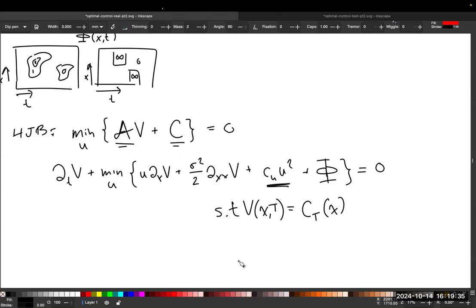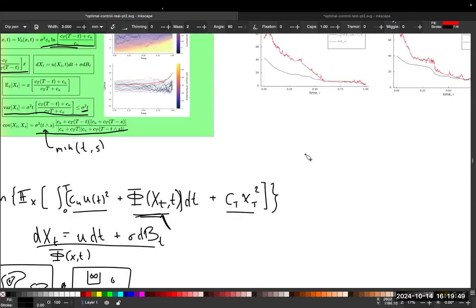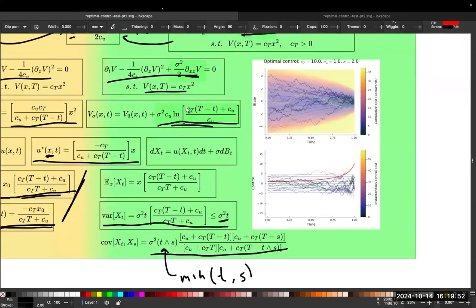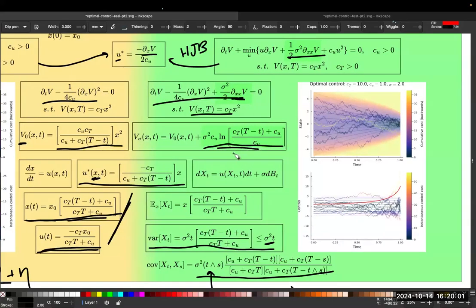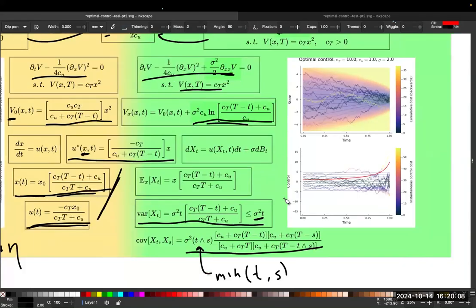So last week I was able to propose a solution to our particular problem where we had quadratic control and we didn't have this phi term. We found a v that had a component that was quadratic in the state x, and also had this time dependent part added to it, that was the logarithm of the time.